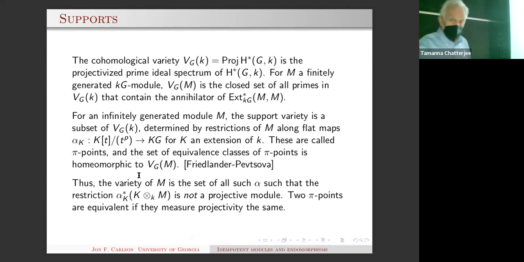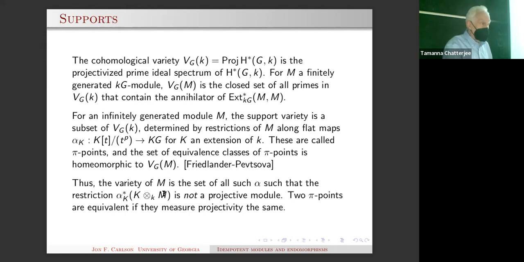Okay, so if I've got a module M, and M can be infinitely generated now, the variety of M is actually the collection of all alpha such that when I pull back along this pi point, I get something that is not projective. And because we're allowing extensions, by the way, this alpha corresponds to a point in the cohomology spectrum.